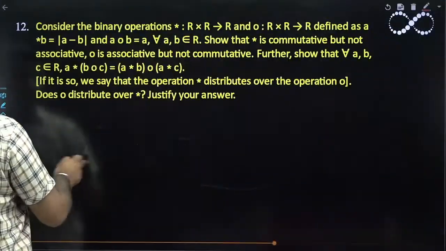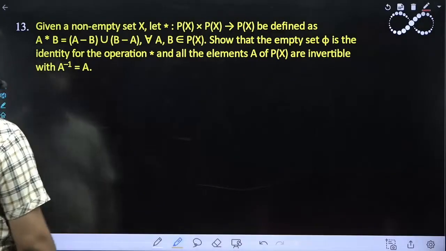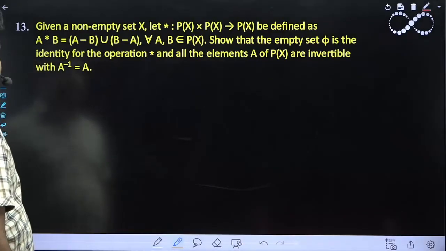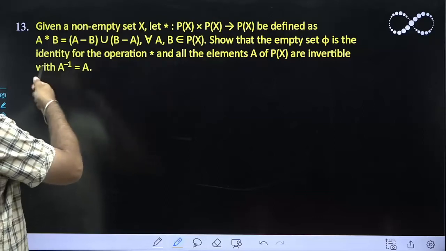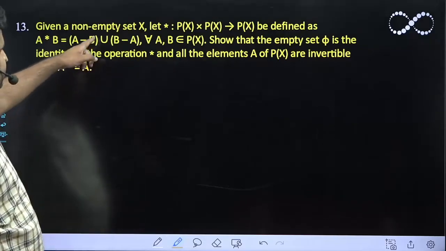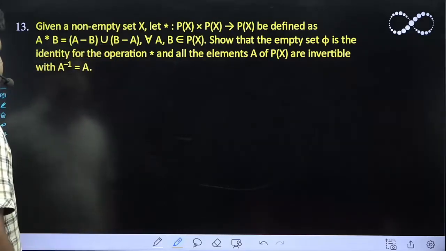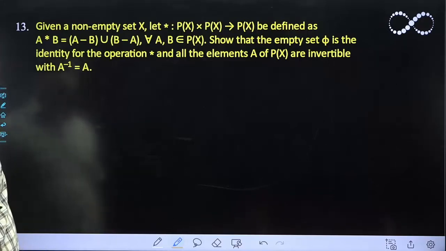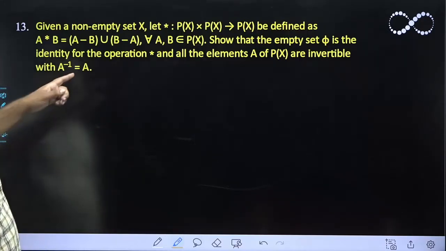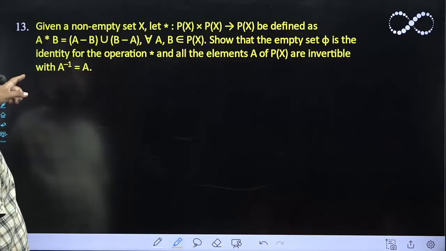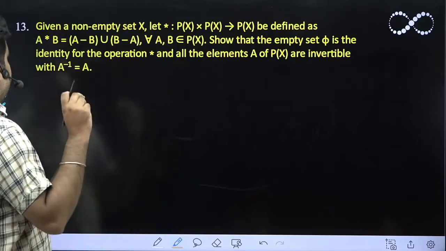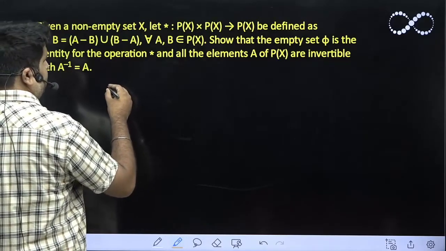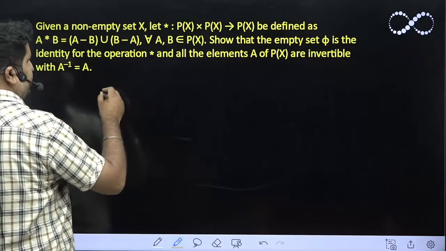So let's see the next question now. Given a non-empty set, let star on P(X) be defined as A star B is (A minus B) union (B minus A). Show that the empty set phi is the identity for the operation star and all the elements A of P(X) are invertible with A inverse equal to A. So let's see how phi is the identity element.